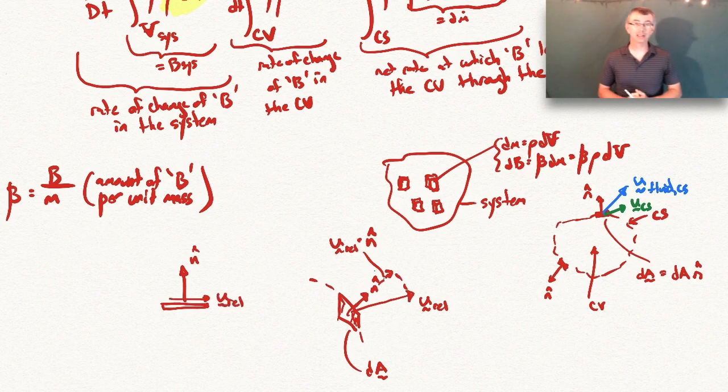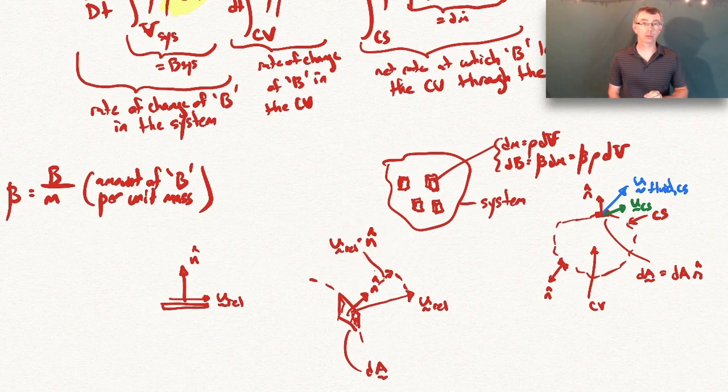If they're perpendicular to one another, then no fluid is leaving the control surface, right? It's just going parallel or tangential to the surface. It's not actually coming out. The part that's coming out is the normal component. The part that's tangential to the surface never leaves the control surface. It's only the normal component that comes out. So that's why we're interested in U_REL dot n hat.